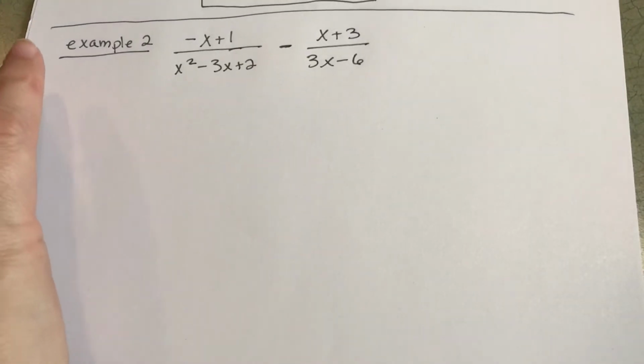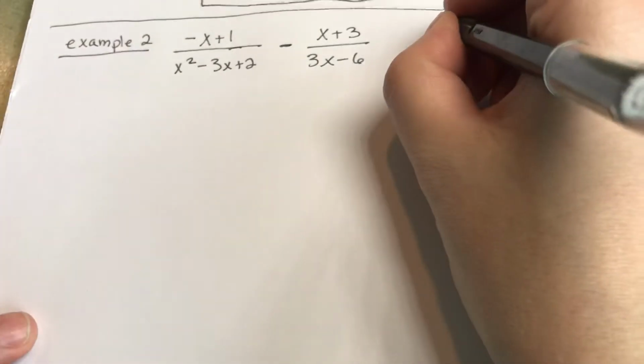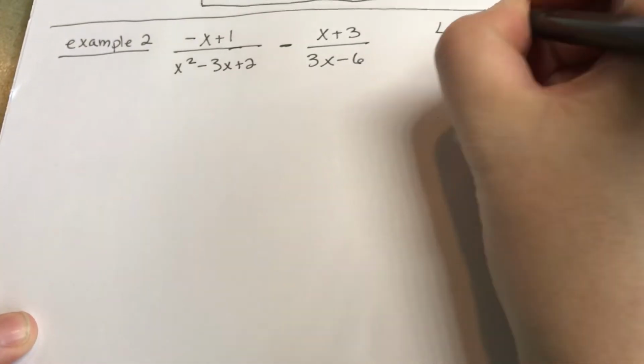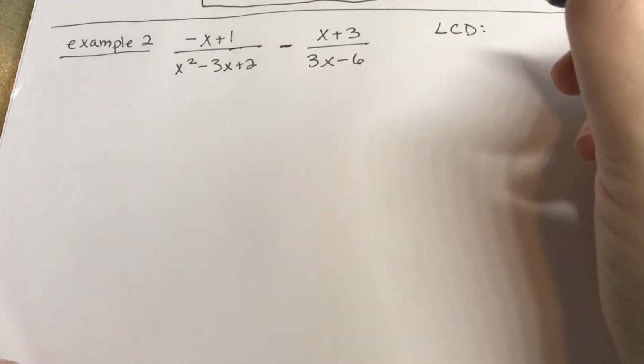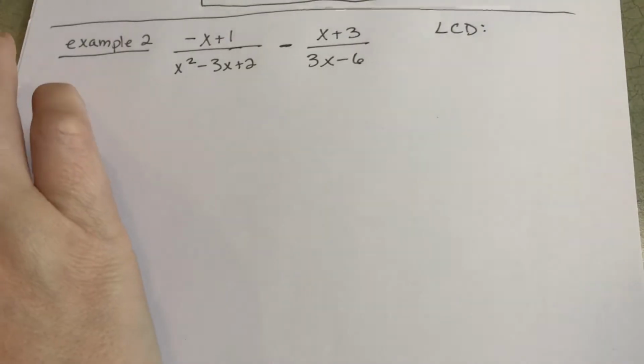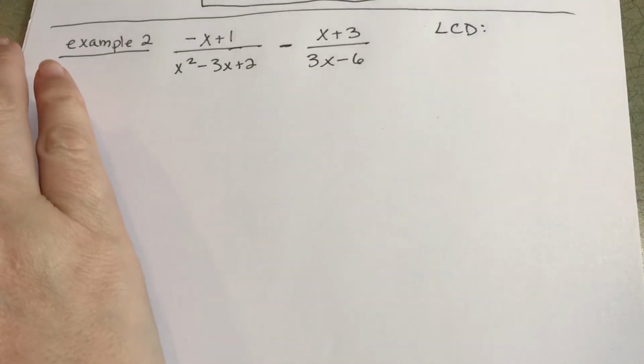And again, my first step is to find my LCD, my least common denominator. And to do that, I'm going to factor.